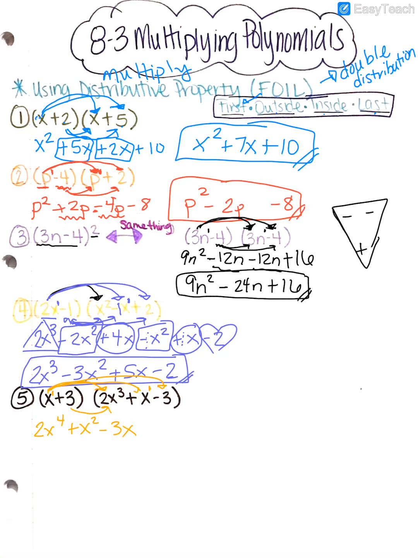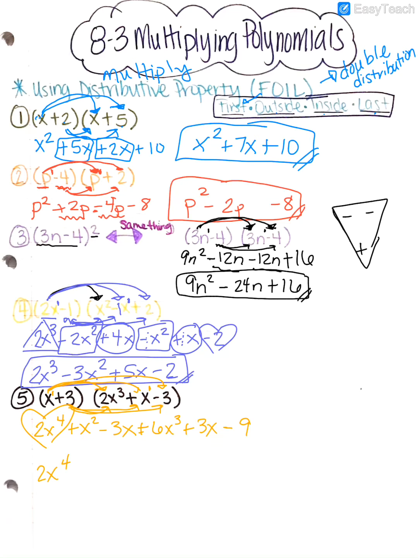And then the bottom ones, plus 6x cubed, 3 times x, 3x, negative and a positive make a negative, 9. And then we're going to go ahead and combine. This one stays the same. We can't combine it with anything else.